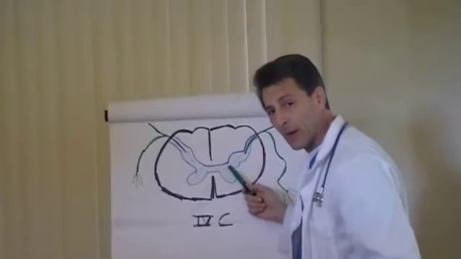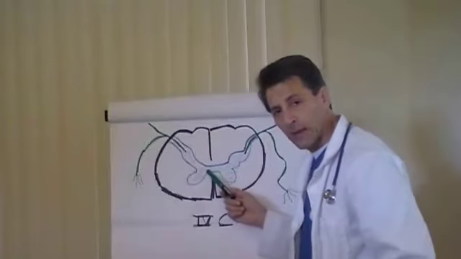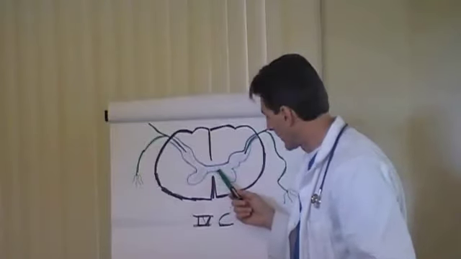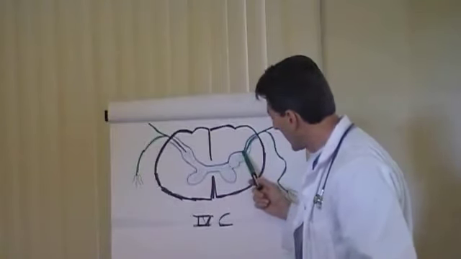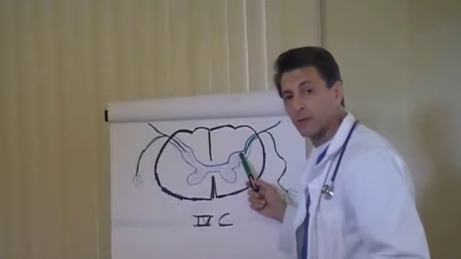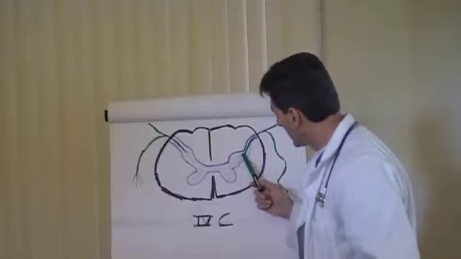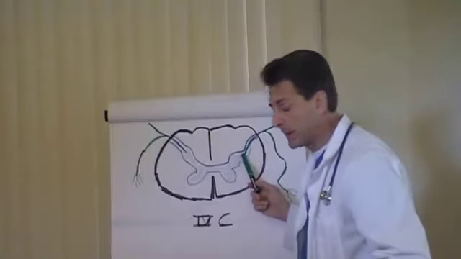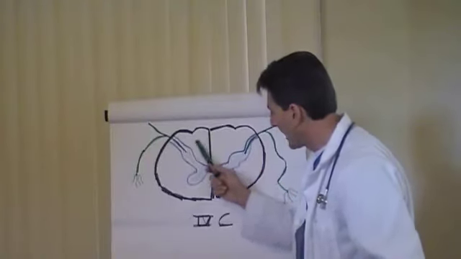I tried to make it gray because it's your gray matter. It's the gray matter of the spinal cord. It comes into the gray matter here, and then as we'll go through next time, or next couple of sessions, the signal from the pain, from the injury, is transferred to the white matter.